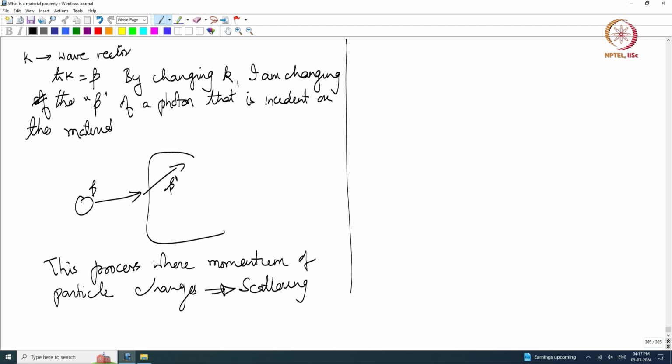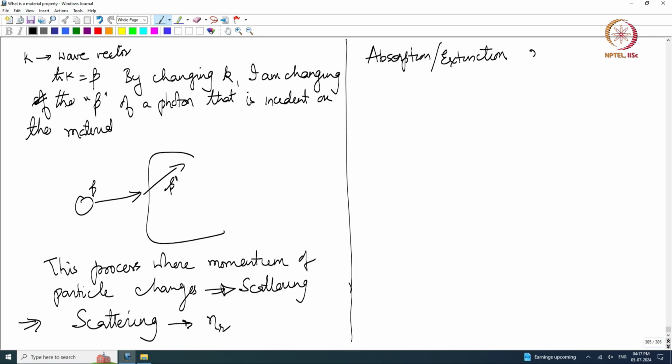I am scattering light, in other words, and the corresponding property for scattering is the real part of refractive index. And the corresponding quantity that I want to use for absorption or extinction is the imaginary part of refractive index.